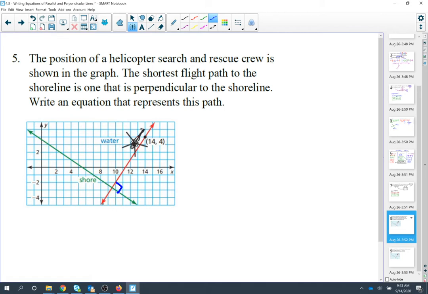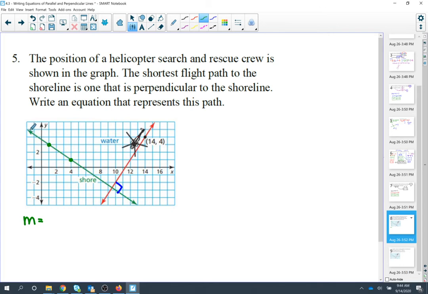The first thing I'm looking at is whether I can get the slope of this red line, because I want it to be perpendicular to the shoreline. So let's try a couple things here. First of all, the slope of my shoreline, which I'm going to do in green here. I could find any 2 points, and I'm going to say this one hits exactly, this one hits exactly.